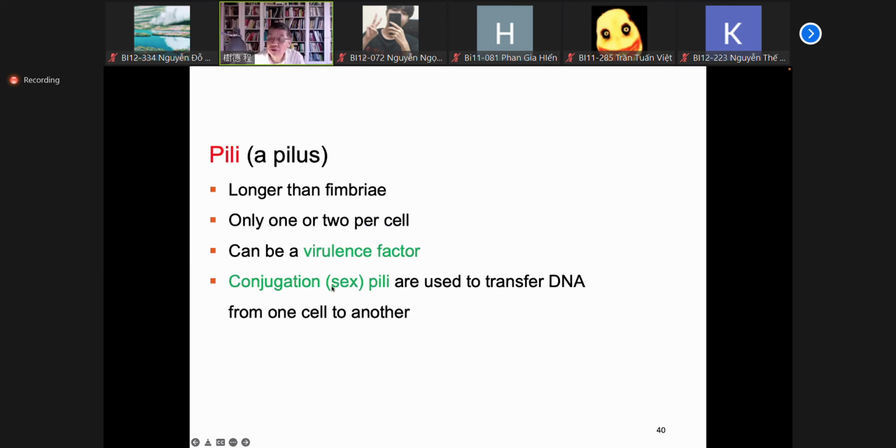For conjugation means that this pili is and define that bacteria as a female. So this is a very interesting story.